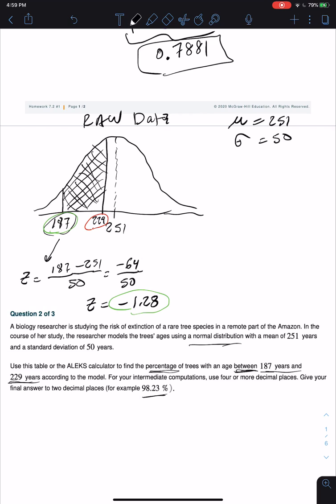So now we need to find a z-score for tree age of 229.